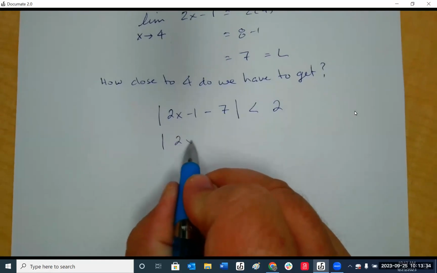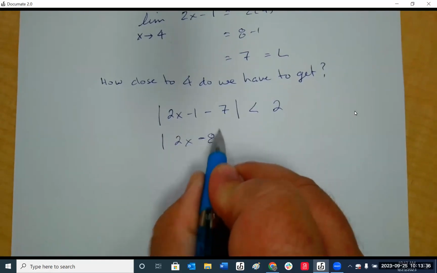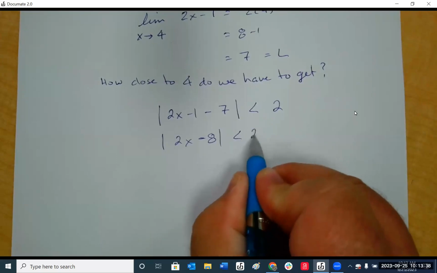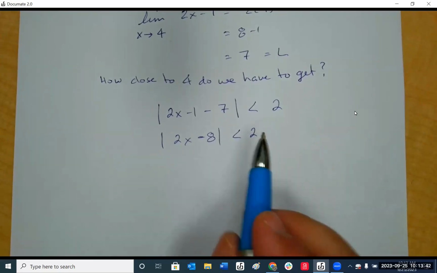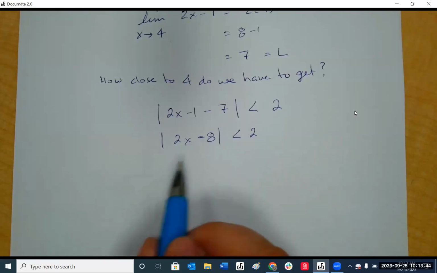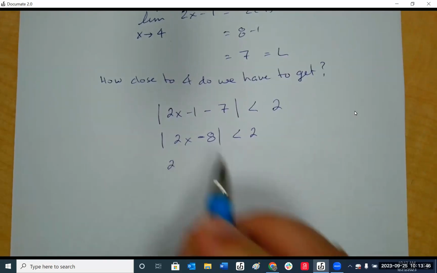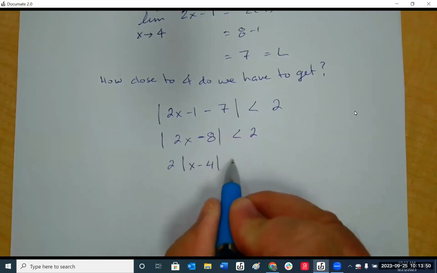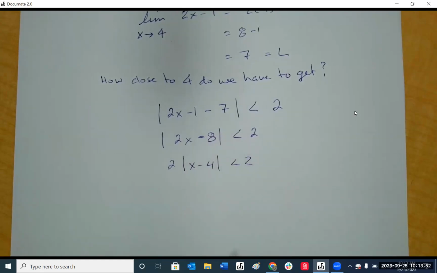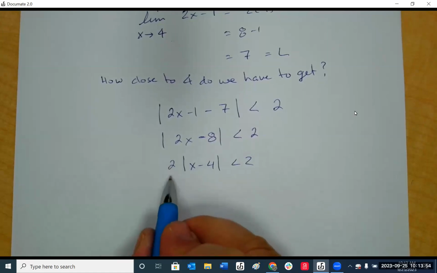Simplifying this, we get the absolute value of 2x minus 8, so that becomes, we can factor out 2, the absolute value of x minus 4. That's going to be less than 2.